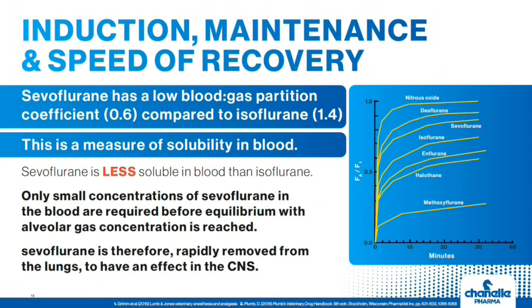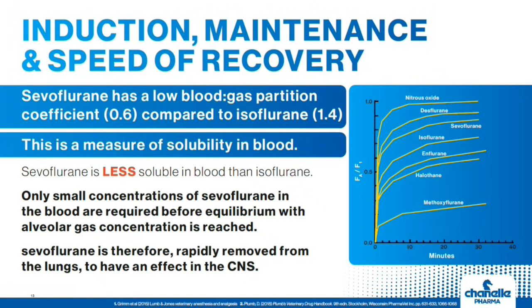So the solubility of these agents in blood is really critical to the speed of onset of their action. And this solubility in blood is defined as the blood-gas partition coefficient. For sevoflurane, this blood-gas partition coefficient is 0.6, and this compares to isoflurane, which has a blood-gas partition coefficient of 1.4.